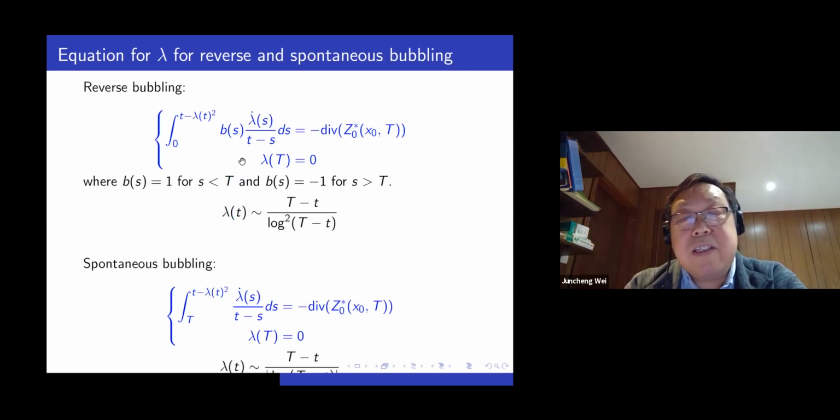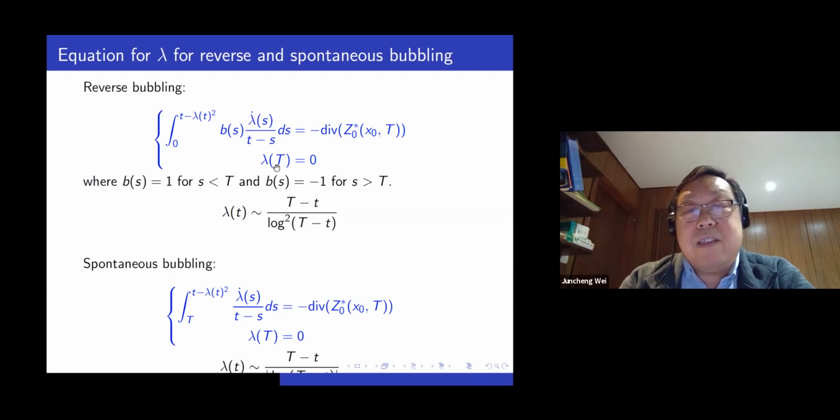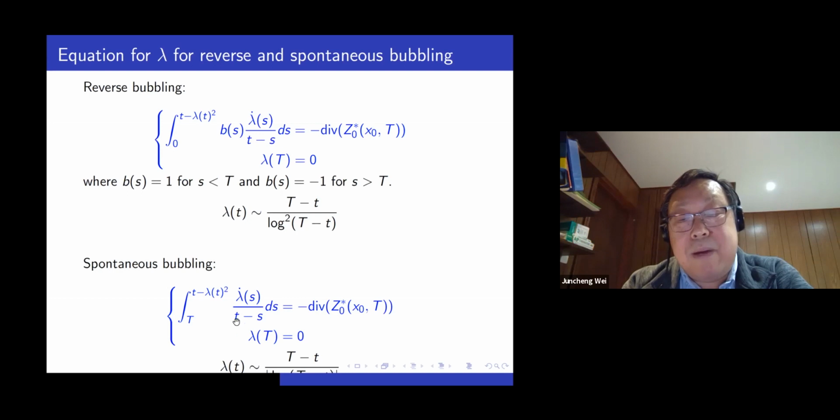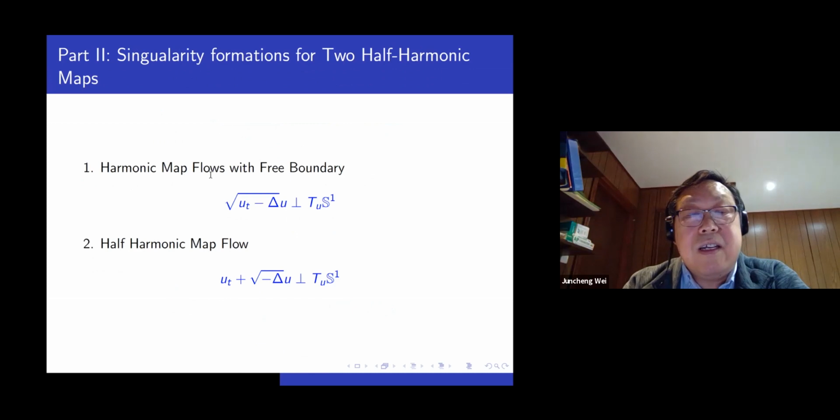And in the reverse bubbling, you have another type of ODE, which is this, and you can show that it's also like T minus t over log squared. And for spontaneous bubbling, you also get a non-local ODE, and you show that the generic rate is T minus t over log.